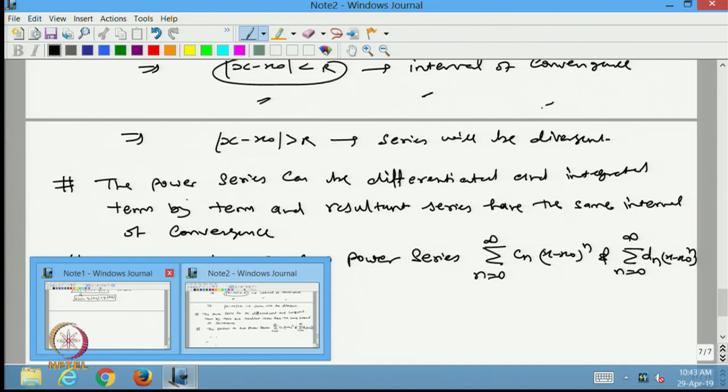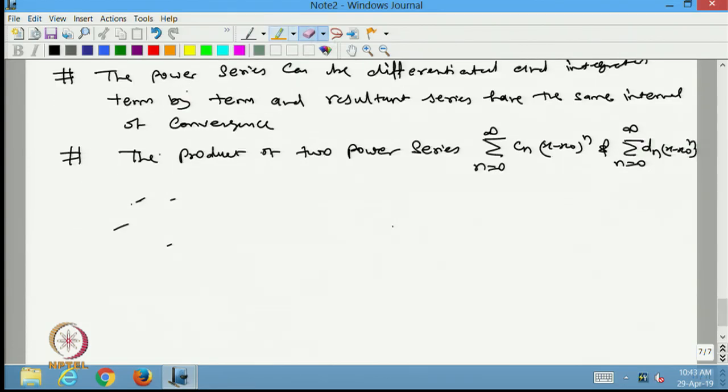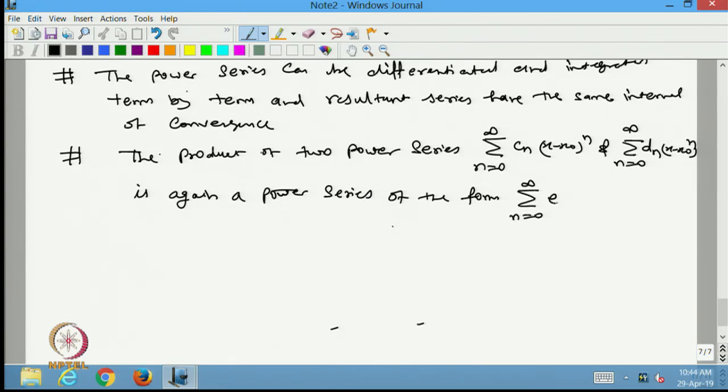Then the product of the two series is again a power series of the form summation n from 0 to infinity E n (x minus x naught) to the power n, with the E n term being C0 d n plus C1 d n minus 1 and so on, plus C n d0.